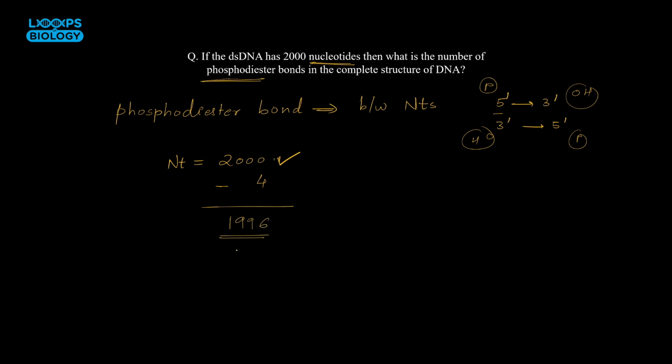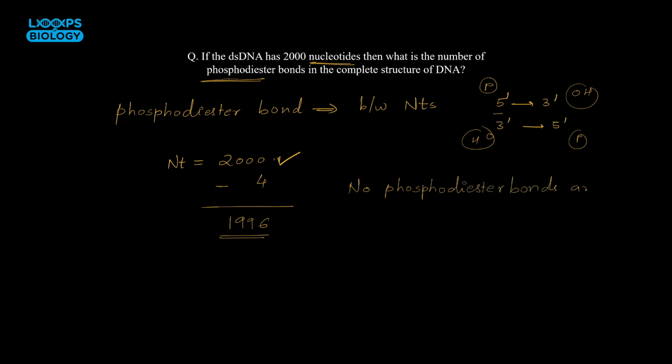So this will be your number of phosphodiester bonds. It's as simple as that. Whenever I'm talking about 2000 nucleotides and 4 groups are free, they are not forming any phosphodiester bond ahead, right? So there is no phosphodiester bond.